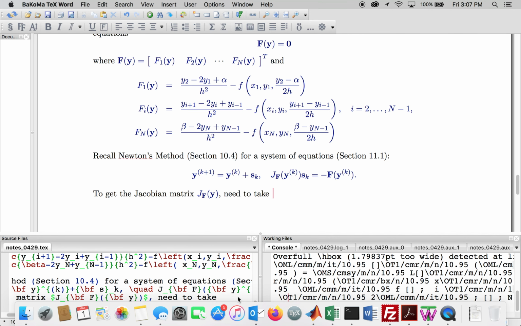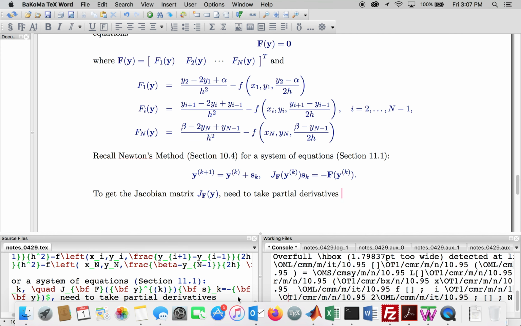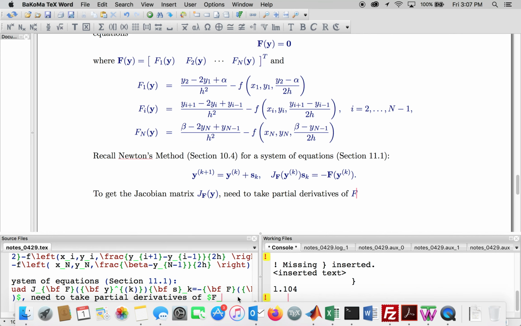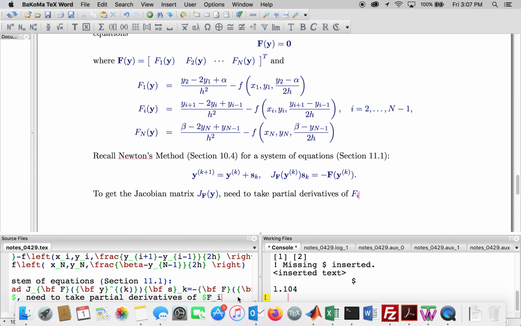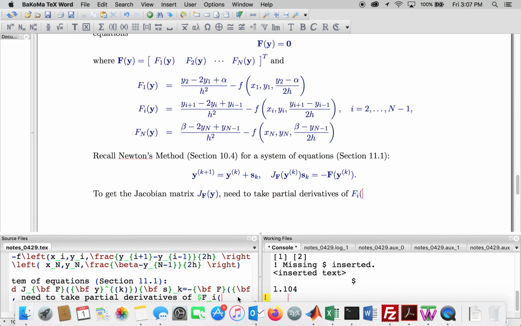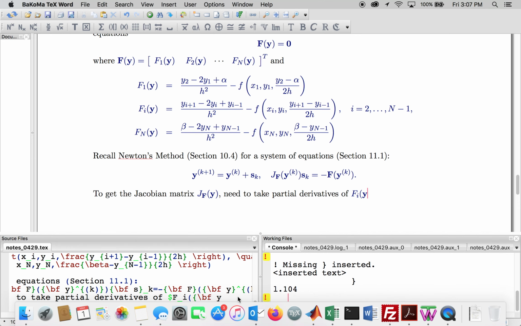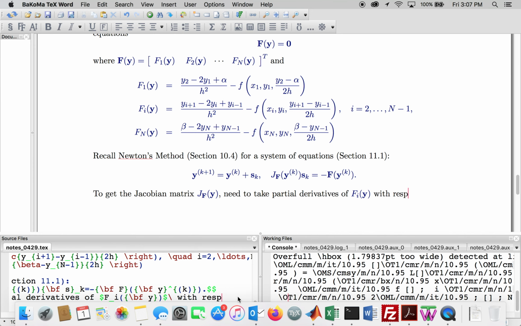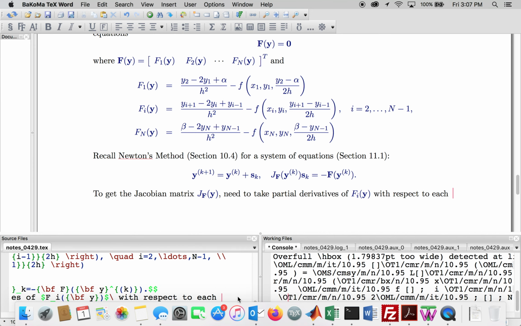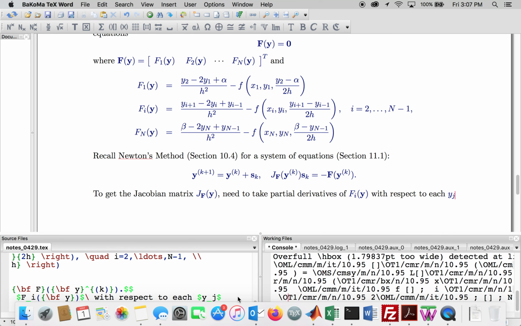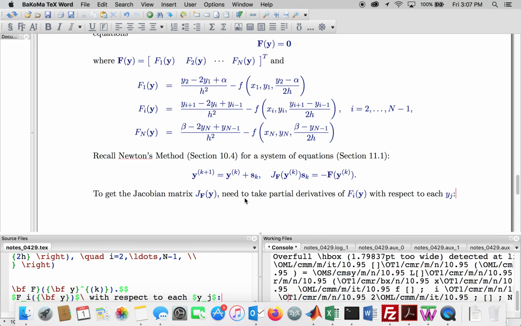You need to take partial derivatives of each fi with respect to each yj. So remember, this is a matrix, so we have to define the ij entry, and that's how you get it. Partial derivative of fi with respect to yj is the ij entry of this matrix.